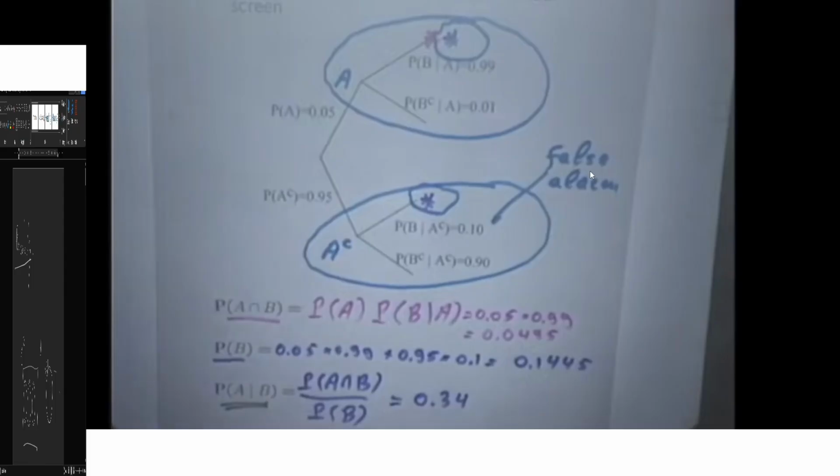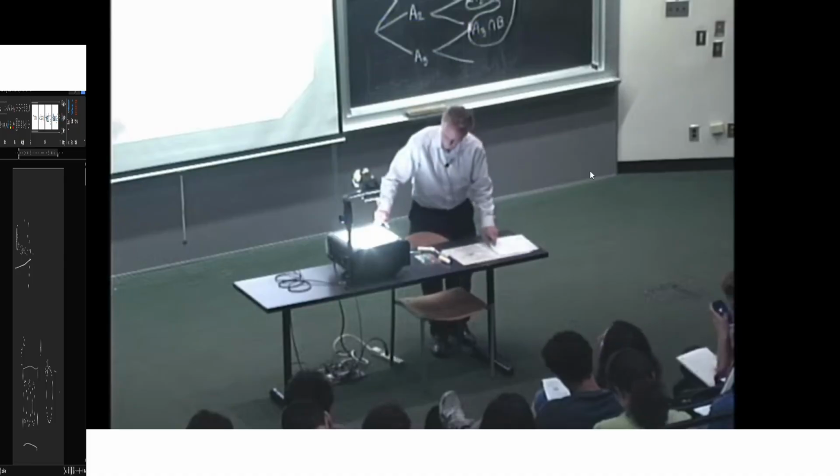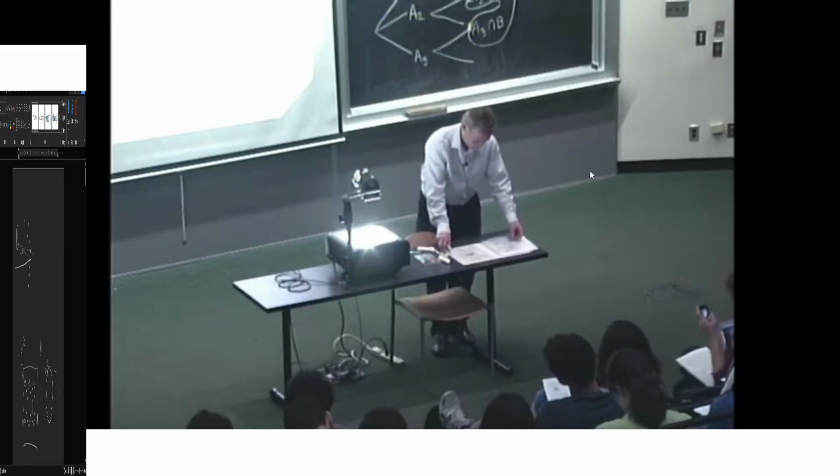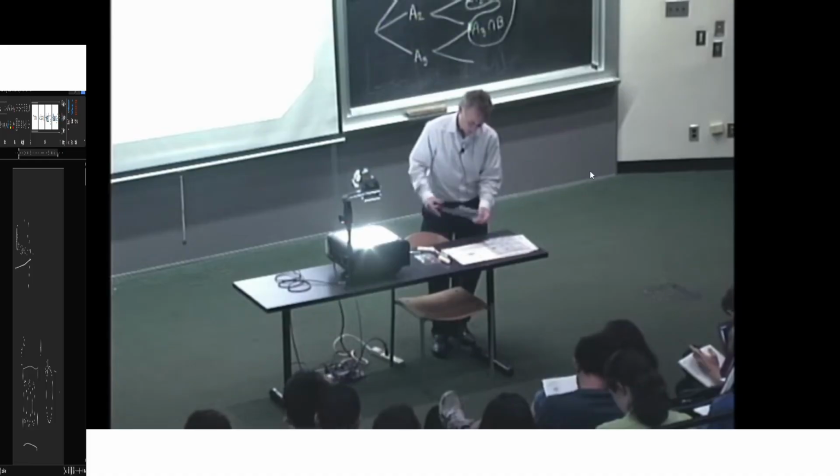Given that our radar recorded something, how likely is it that the plane was up there? So we're trying to infer whether a plane was up there or not based on the information that we got.